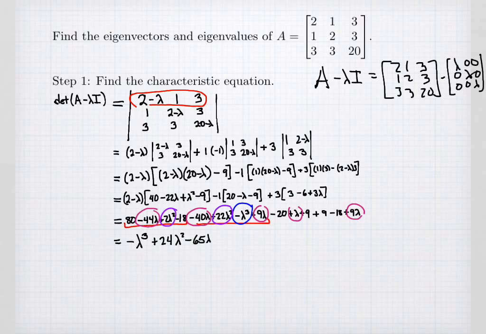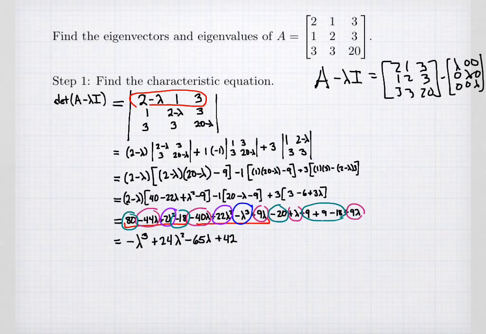And finally we have our constant terms. Let's see how many of those we have. Let's see, we've got 80 minus 18, so that leaves me 62, and those all cancel each other, so plus 42.